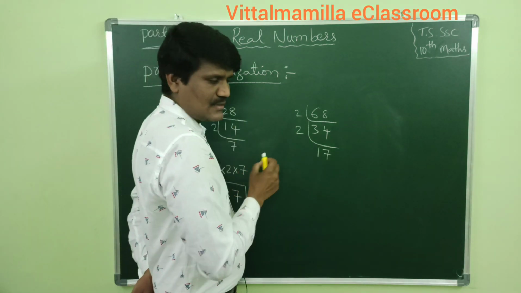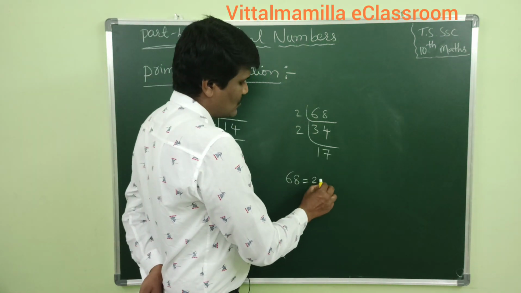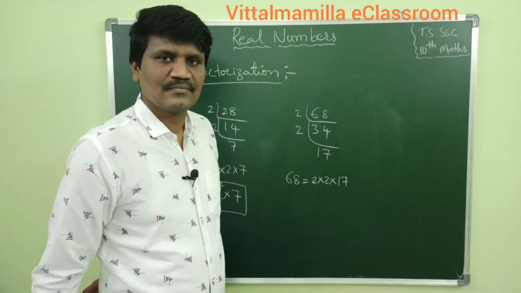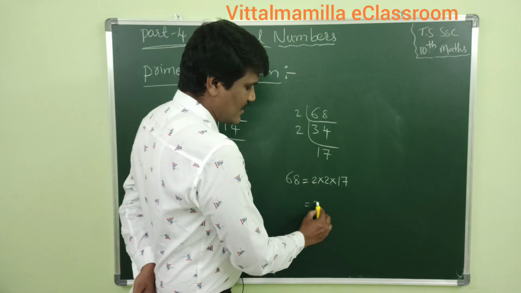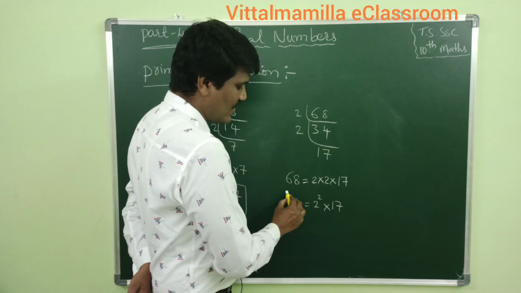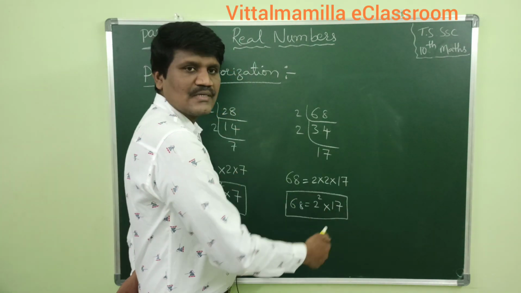Same way for 68, I can write 68 is equal to 2 into 2 into 17. So that is again 2 square into 17. So the prime factorization of 68 is 2 square into 17.